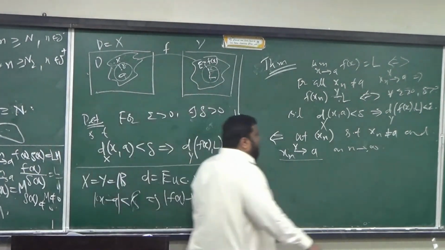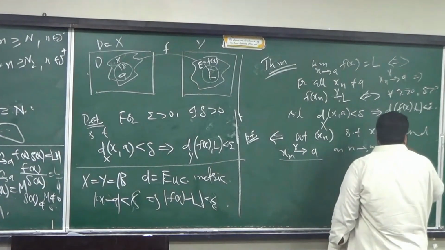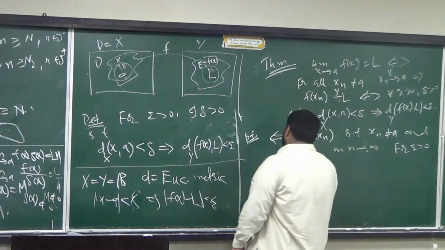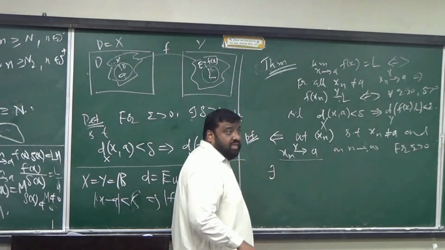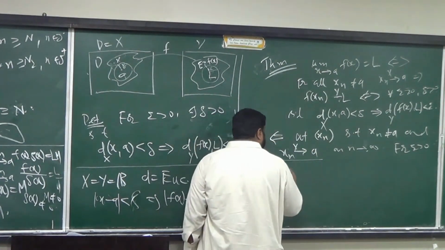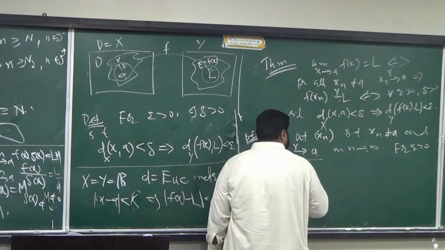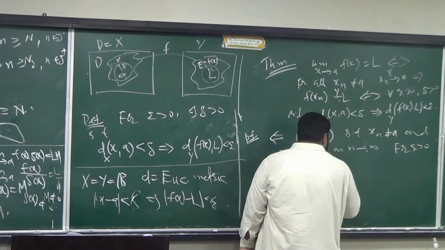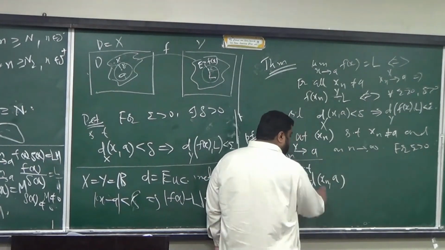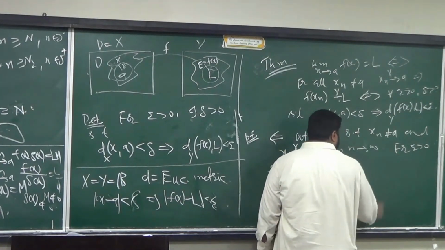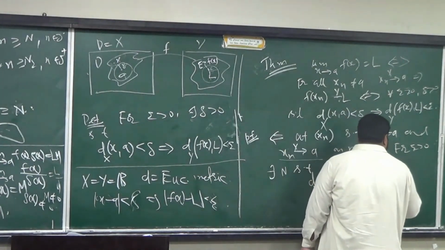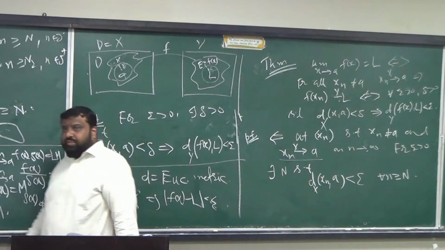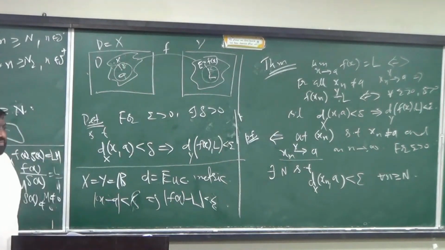Okay. So this means for all epsilon positive, there exists a capital N such that the distance between x_n and a in X is less than epsilon for all n bigger than or equal to N. Why are we almost done?